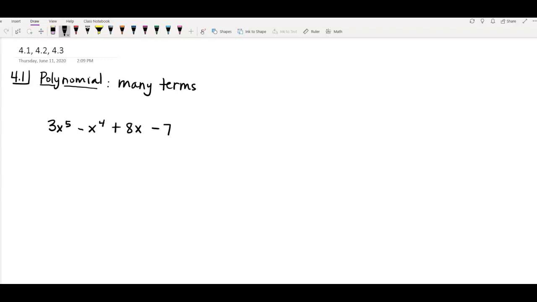Anything with more than 3 terms is called a polynomial. Now, there are other terms, like we'll see something called a monomial. Mono means 1, so that means 1 term. A 1-term polynomial could be like negative 3x to the 5th. Also, you'll hear the word binomial.